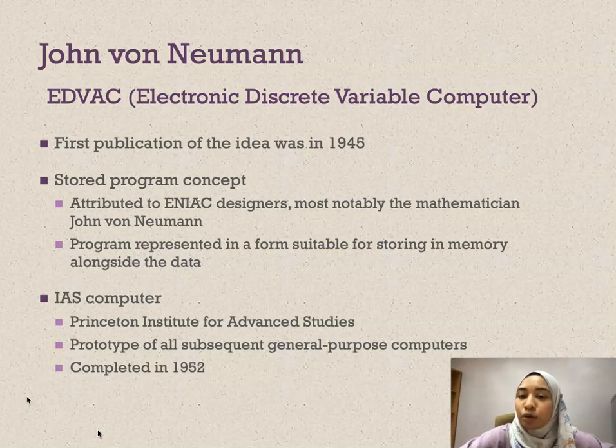The stored-program concept was attributed to the ENIAC designers because, of course, they knew what the problem with the ENIAC was and how to fix it, most notably the mathematician John von Neumann, a Hungarian guy. The program was represented in a form suitable for storing in memory alongside the data. At the same time, there was the development of the IAS computer.